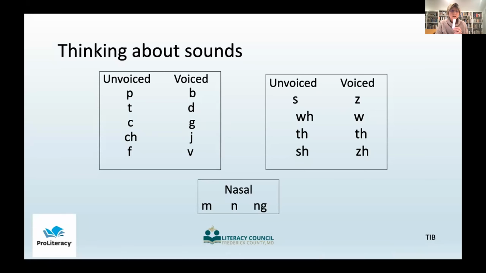Let's try all the pairs together on the slide, which I just removed for you. Okay, let's try all these pairs together. Speak along with me. I'm using the slip of paper. You can use your hand or a tissue, or just imagine, feel the breath coming out of your mouth.